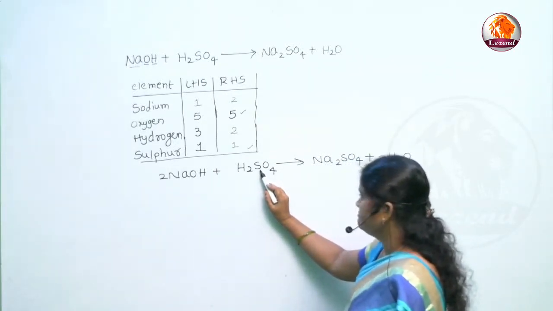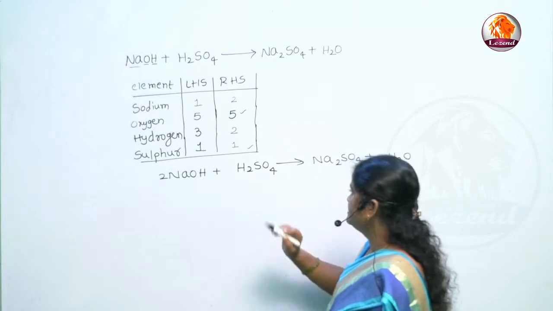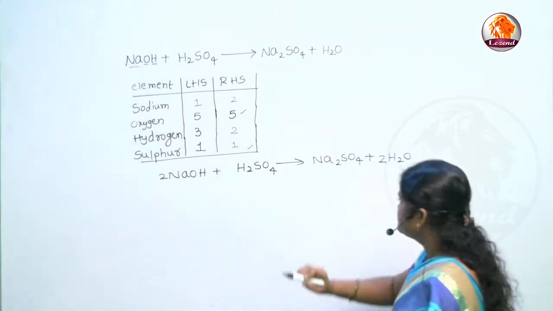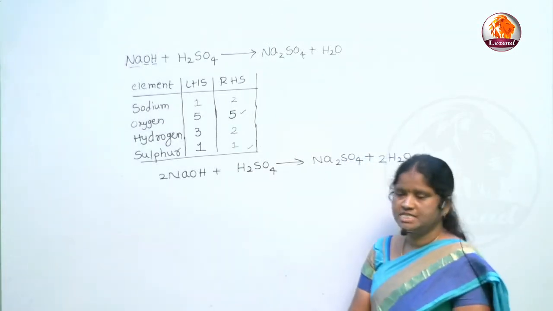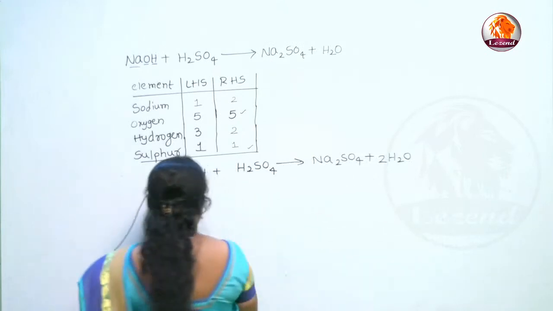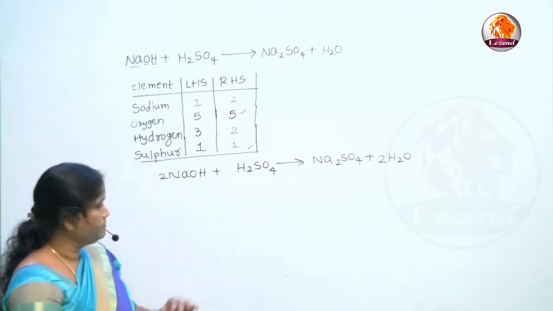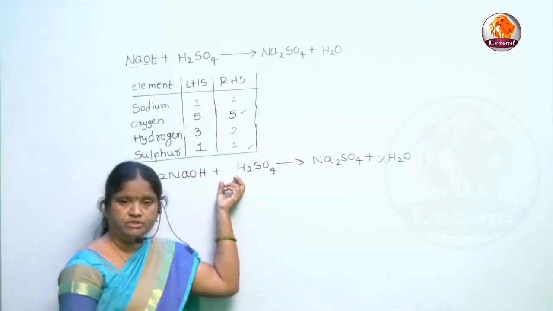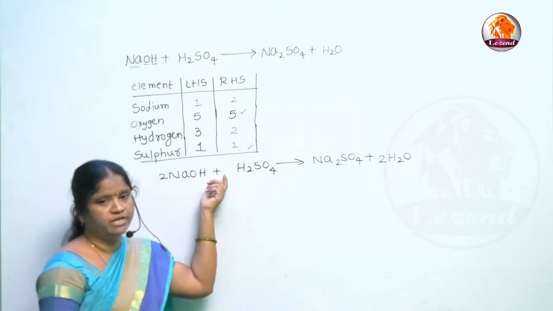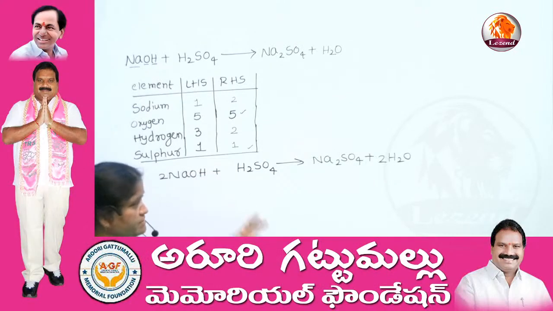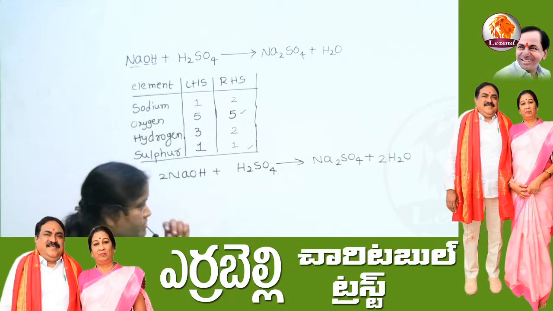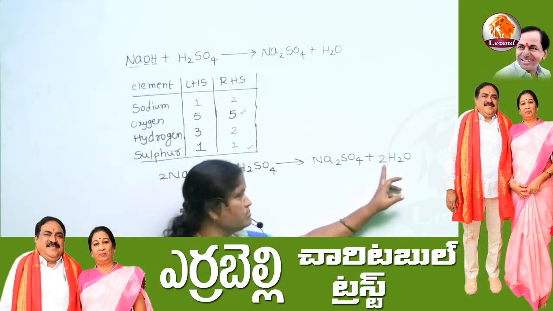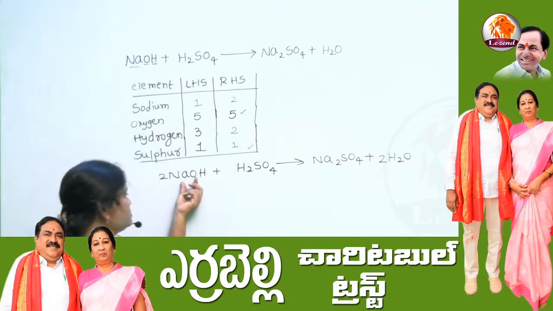We have only sulfur left, one atom on the left side, and on the right side also, in sodium sulfate, we have one atom of sulfur. Again we need to verify, is there any simplification of the coefficients into the simplest whole number ratio? There is no need of division of coefficients in the simplest whole number ratio, because here we have 2 before the water molecule and only 2 before sodium hydroxide.